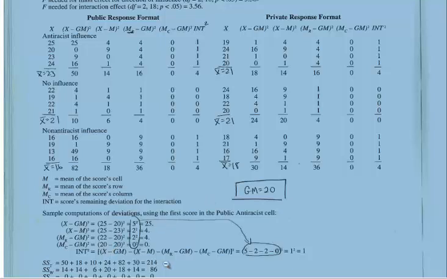And we sum them all up, and that gives us 214 squared units that we have to try to explain.